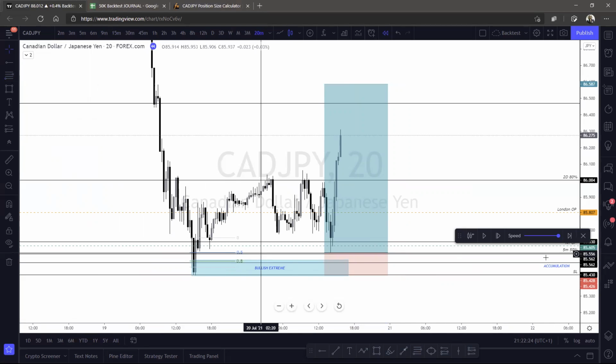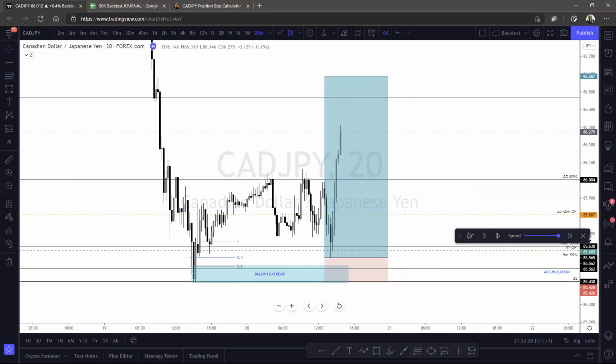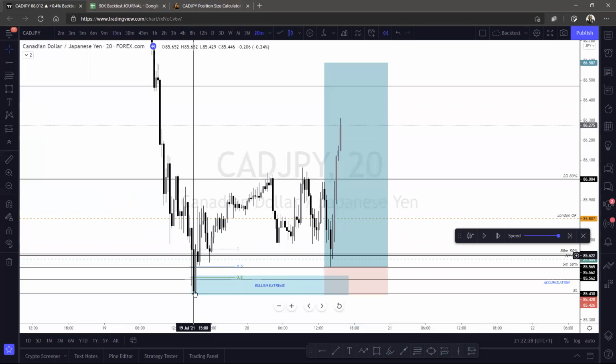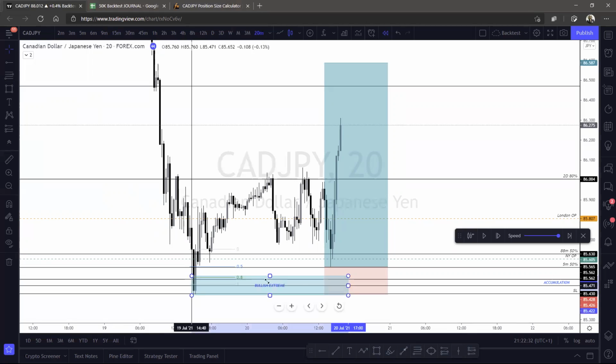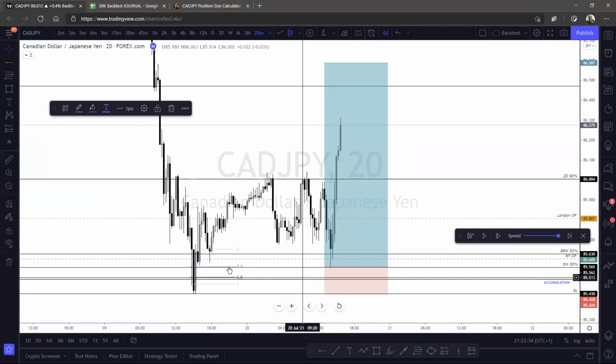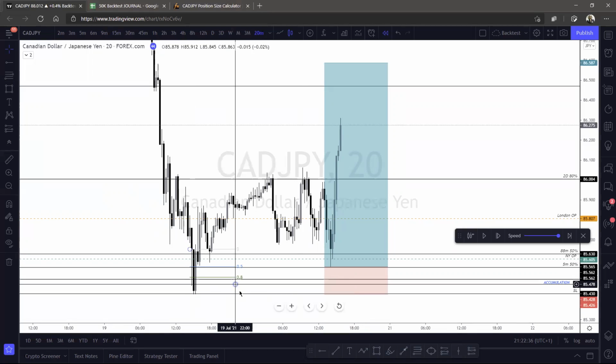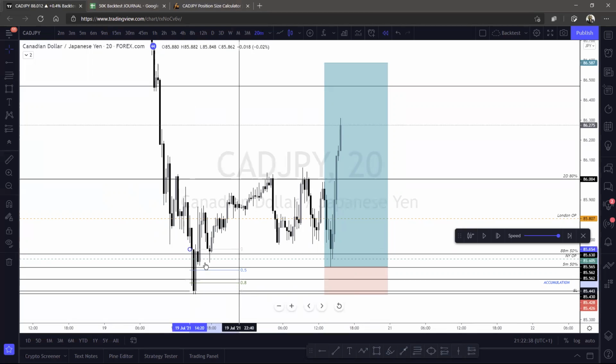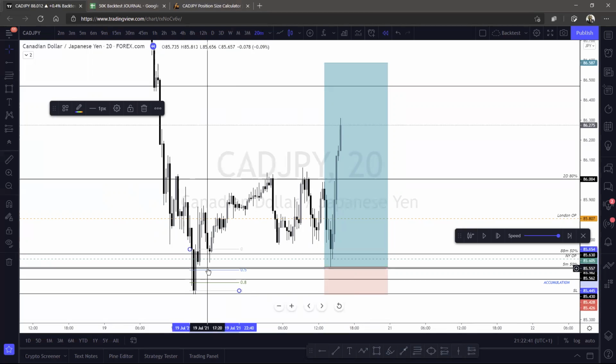So there it is. We've actually got some sort of confluence. So we've had the 15 minutes. Let me delete that. Too much now. So we had 15 minutes 50%.